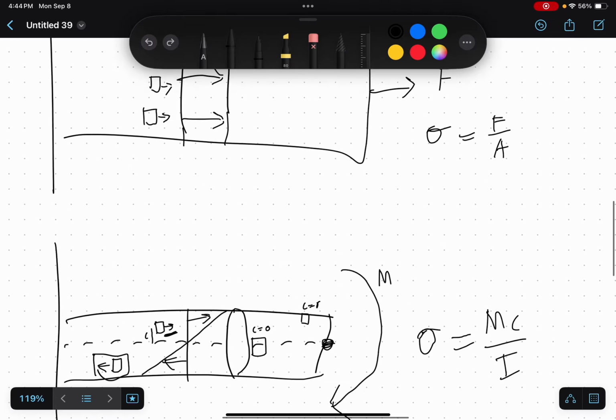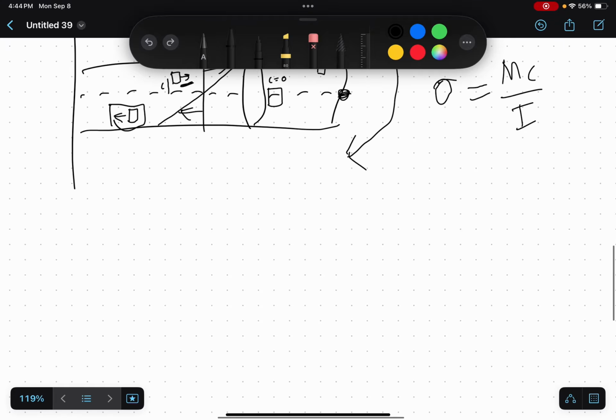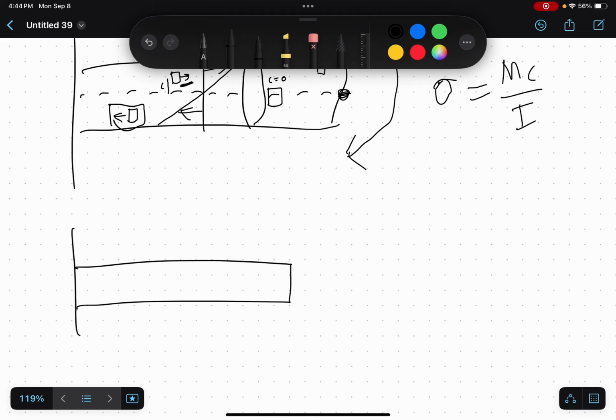And you can combine these two stresses or any other types of stresses. For example, if you had a force pulling out and you also had a moment, you would have the two profiles.